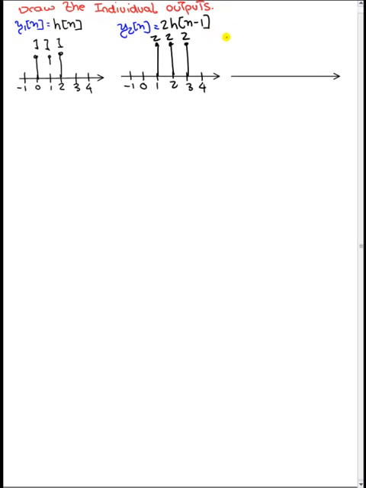And then y3 of n is going to be equal to the impulse response delayed by 2.